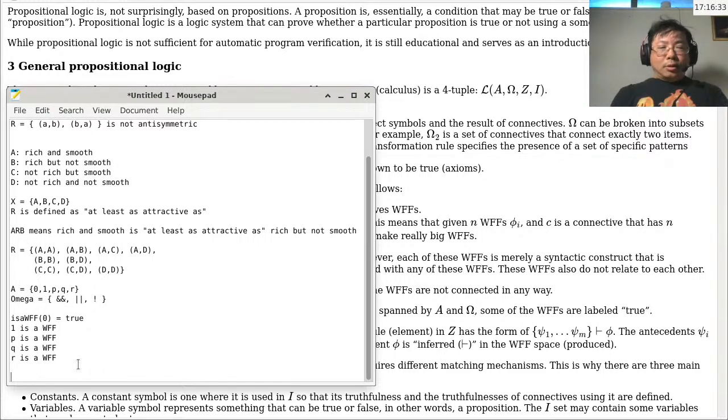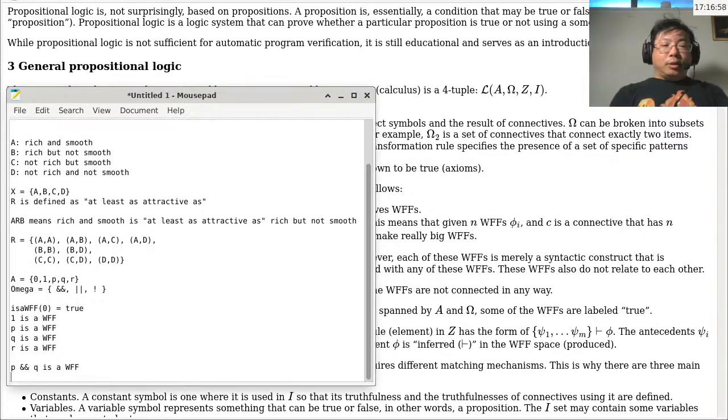So you can make something like P and Q. P and Q is a well-formed formula because P itself is well-formed, Q itself is well-formed, and the AND operator requires two operands, which we are supplying.